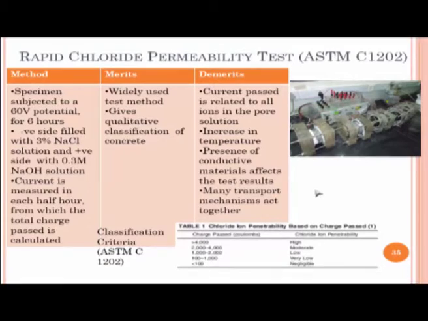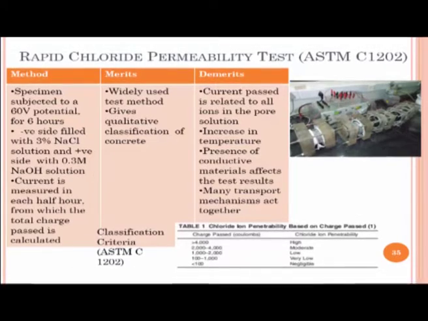The rapid chloride permeability test has this cell here, you can see the cell here, there are 4 cells which are getting tested simultaneously. Your concrete specimen is a cylindrical specimen of 100 millimeter diameter and 50 millimeter thickness. Please remember earlier I talked about sorptivity and oxygen permeability where you had a 69 millimeter diameter core specimen.